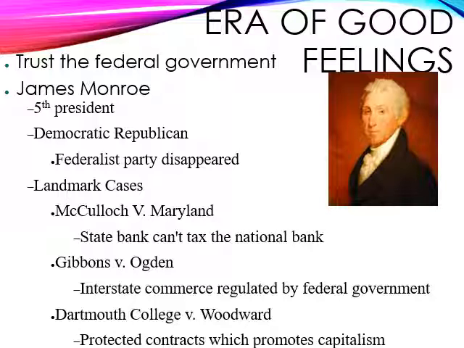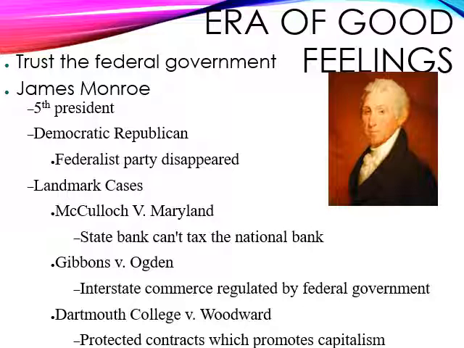And then the last one is Dartmouth College versus Woodward. What happened here is the state was trying to change Dartmouth College's charter. But what they said is Dartmouth College's charter is a private contract between a business and the students, whom maybe you see as employees, maybe you see as customers, whatever it is.